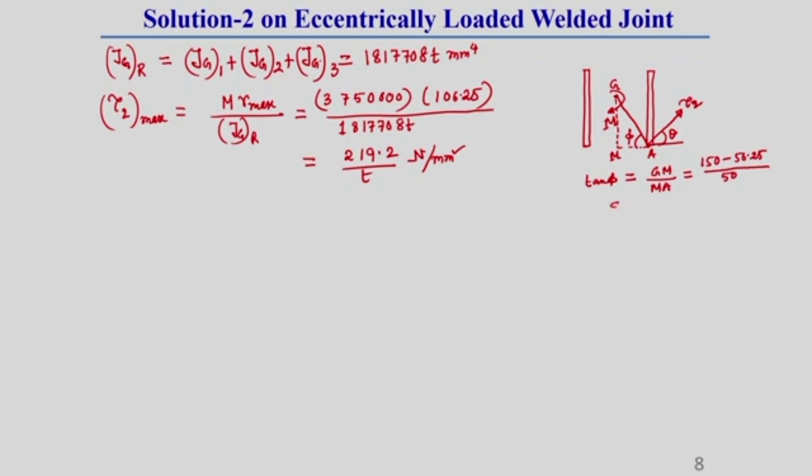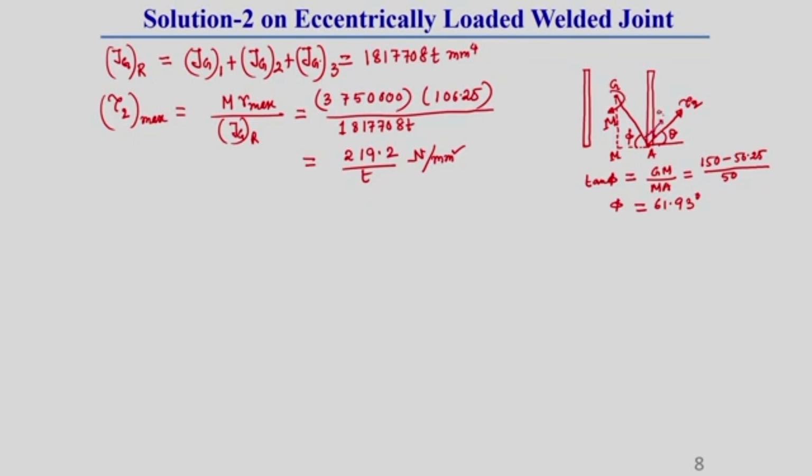So from here we can easily find out what phi is. Phi we are getting as 61.93 degree.